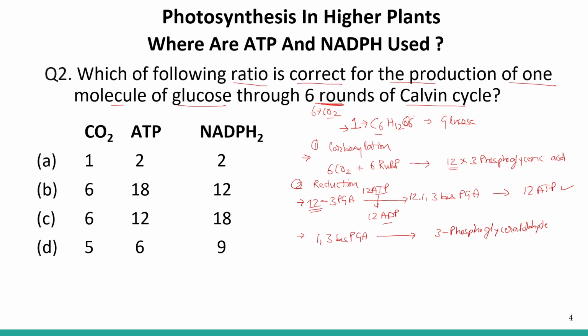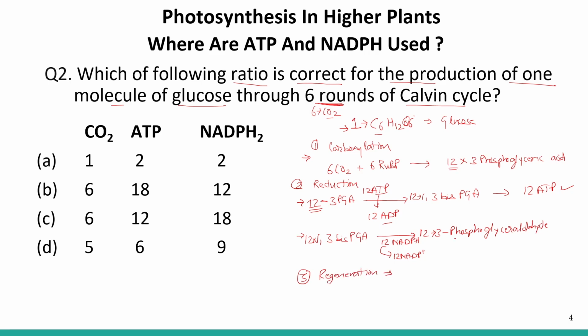So how many NADPH will be used here? 12. 12 NADPH are used here, and NADPH will be converted into 12 NADP. And 12 molecules of 3-phosphoglyceraldehyde are produced.